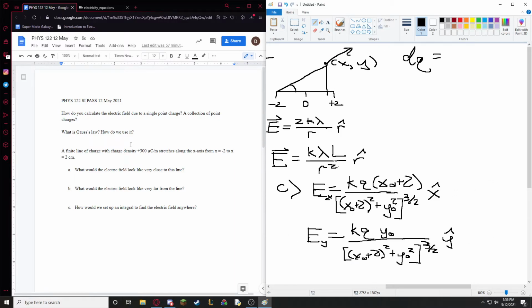Well, lambda is a constant, and I'm thinking we integrate with respect to the length. dq is going to equal lambda dl, and that dl we'll call a dx, because we're integrating along the x-axis.